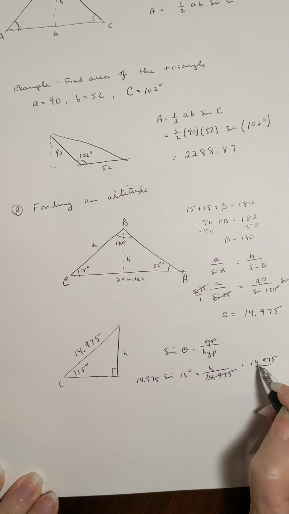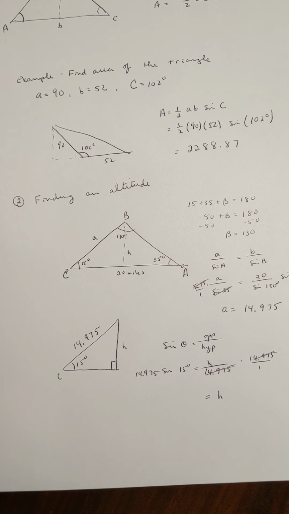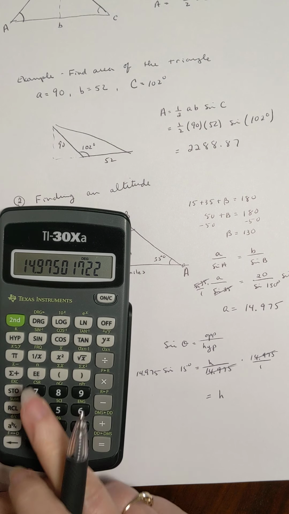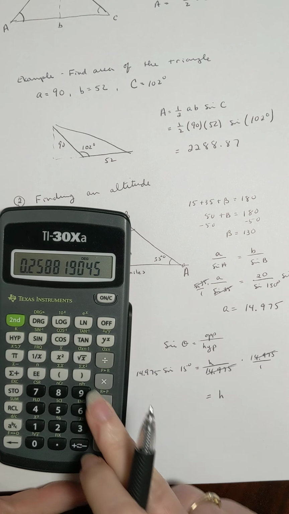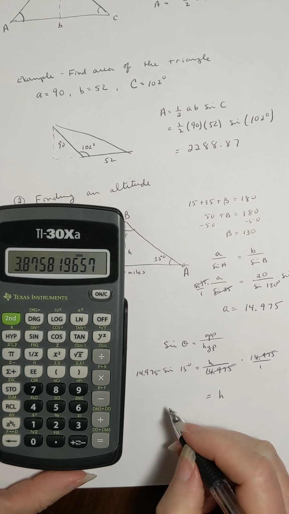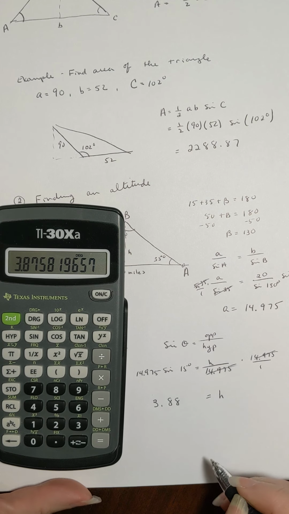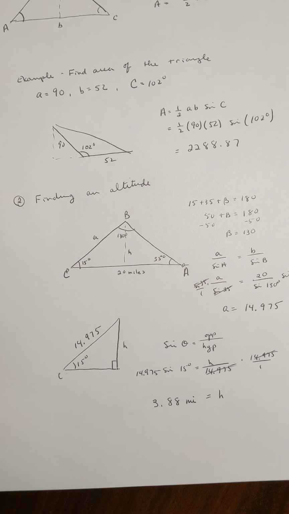Here it cancels, and I get that the height of the plane is equal to 14.975 times the sine of 15, which is 3.8, and if I round it off, 4 miles. So it's approximately 4 miles up in the air. And so that finishes off the part on applications for section 10.1.